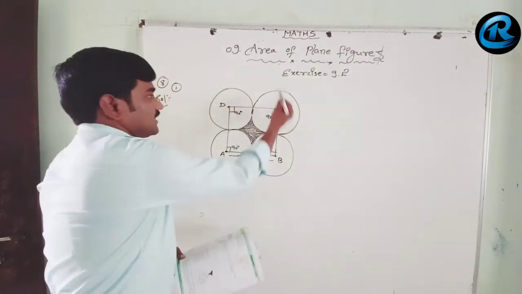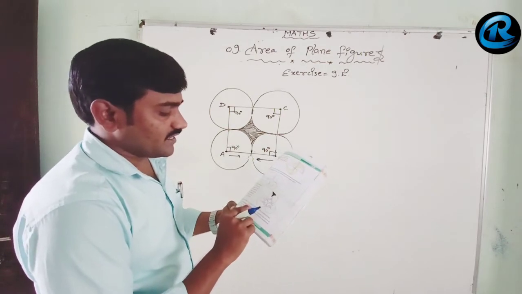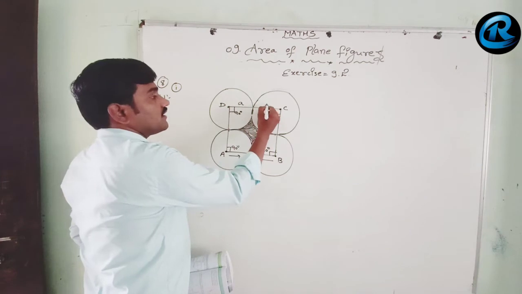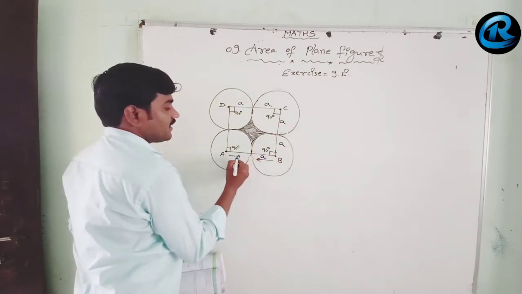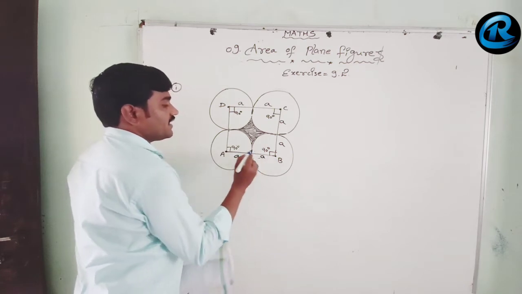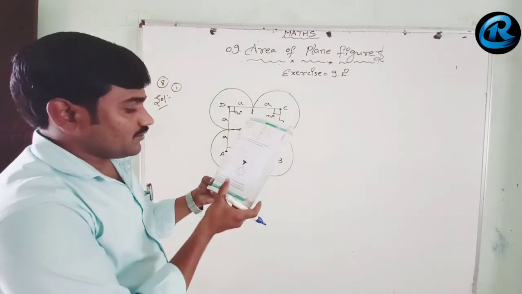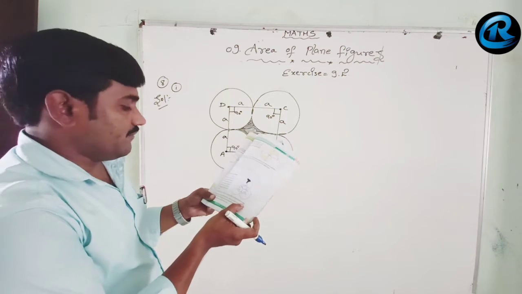Four equal circles, each of radius A, touch one another. The radius is A. Find the area between them.